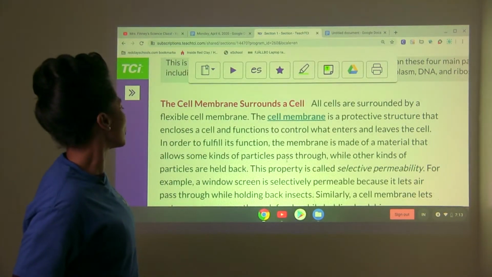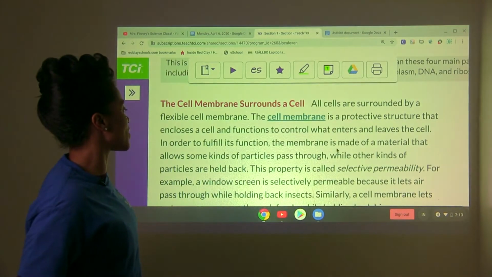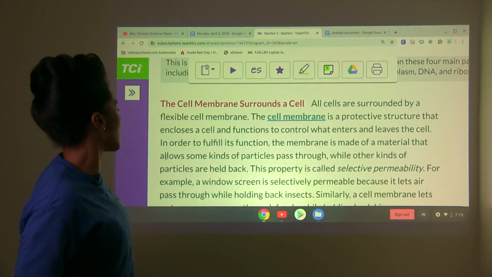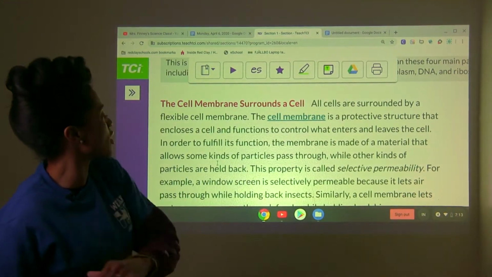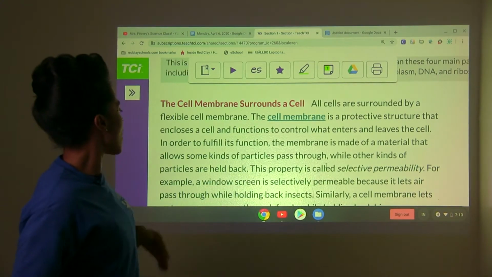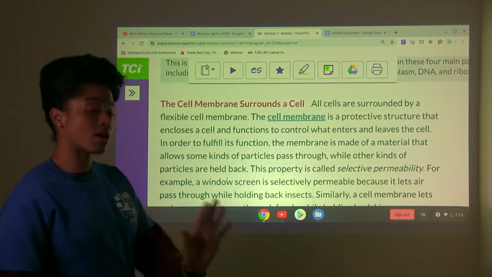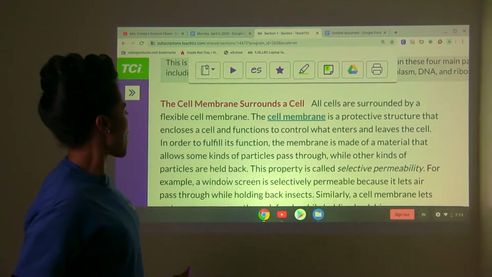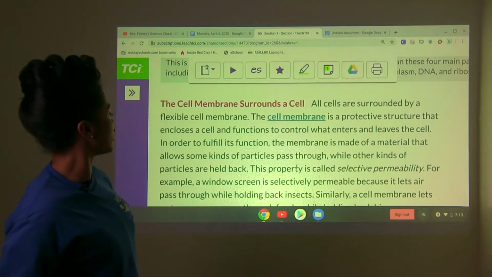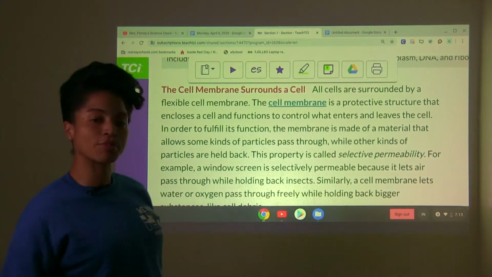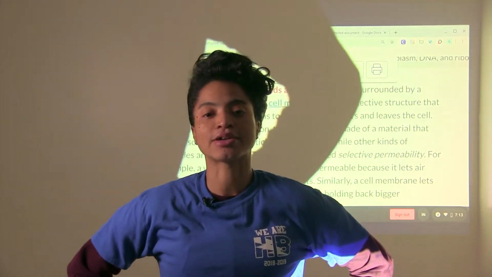All right. In order to fulfill its function, the membrane is made of a material that allows some kinds of particles to pass through, while other kinds of particles are held back. This property is called selective permeability. All right, so the bodyguard is saying, due to my selective permeability, I have the permission to decide who can enter and who cannot enter the cell.